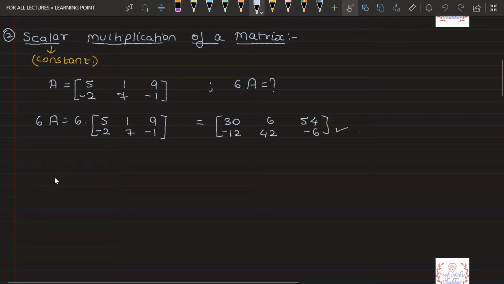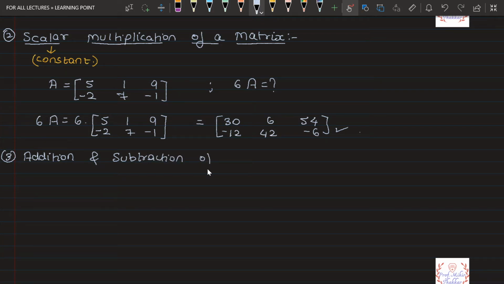Next thing that you are having over there is the addition and subtraction of matrices.